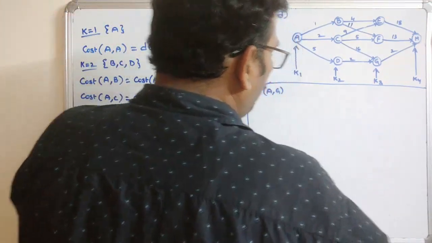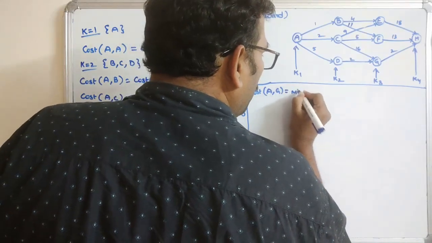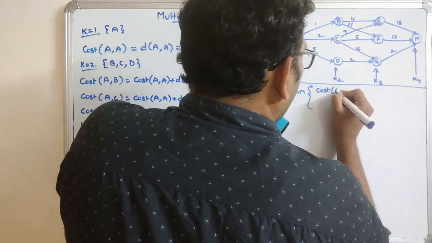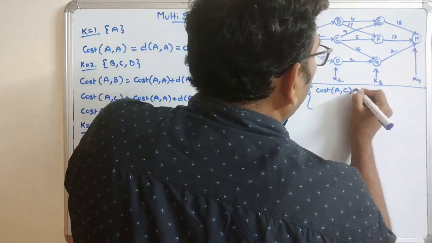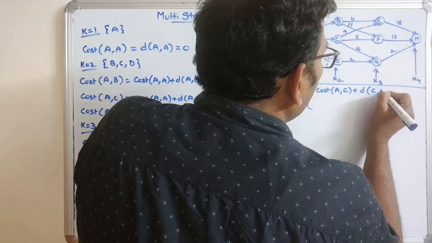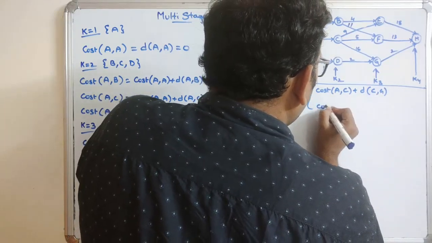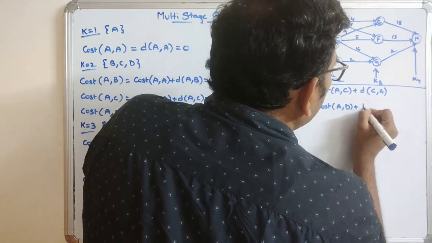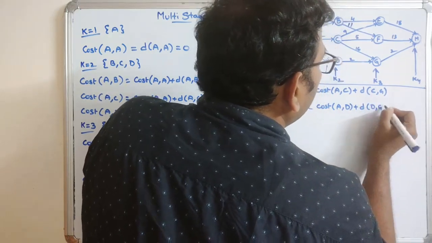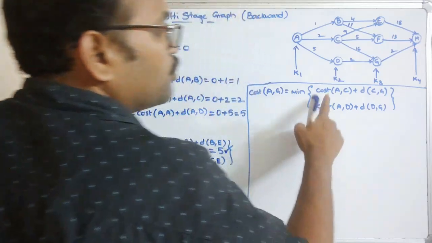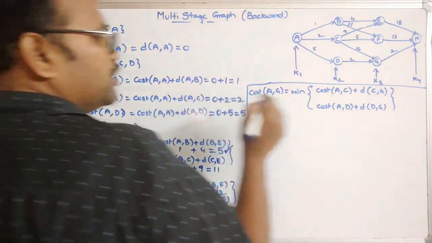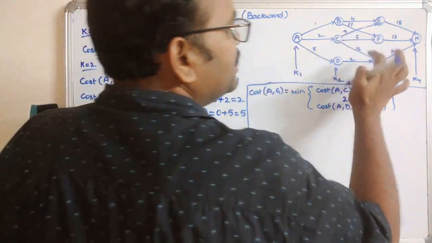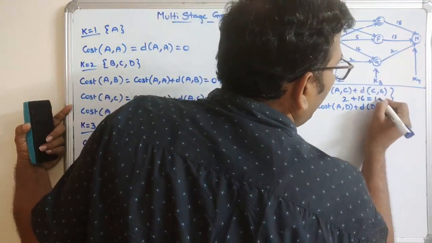So here also we need to find the minimum value among the cost of A to C plus distance from C to G. Similarly, cost of A to D plus distance of D to G. The cost of AC is already computed, which is 2, plus the distance of CG, C and G is 16, total 18.